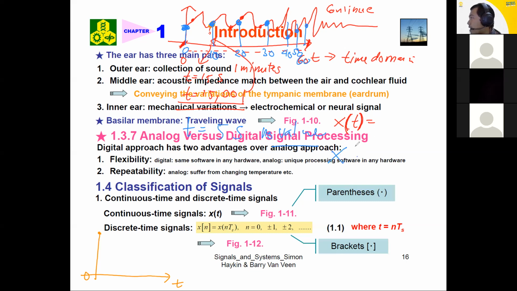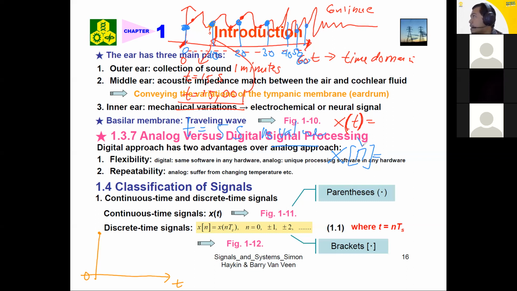Mathematically, we can write it using square brackets, with the notation n, something like this. Is that clear?